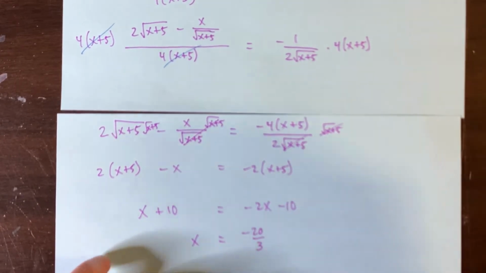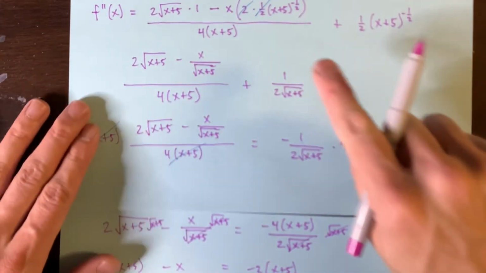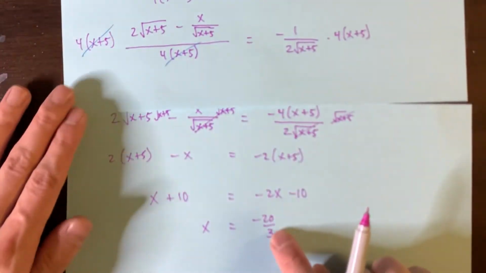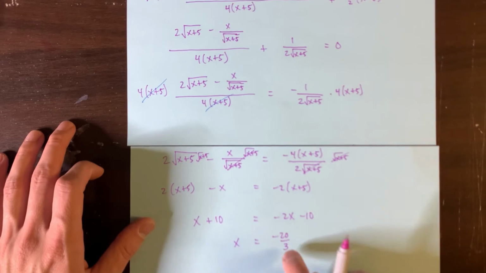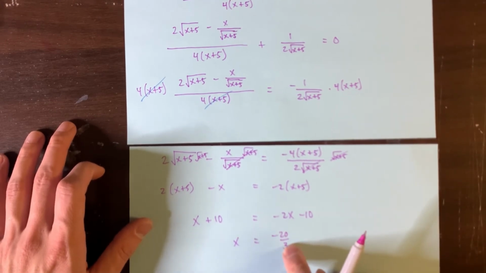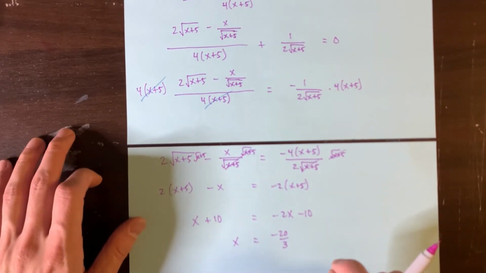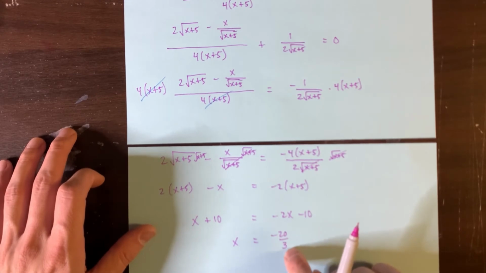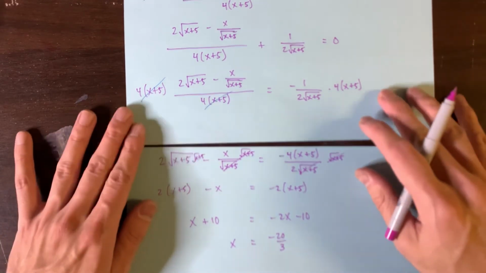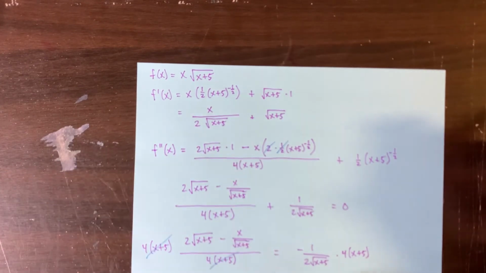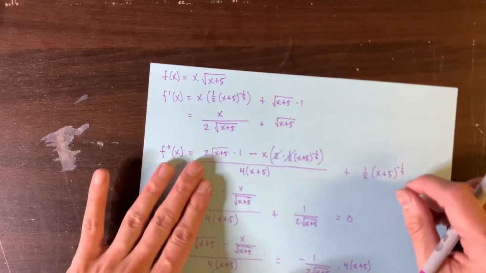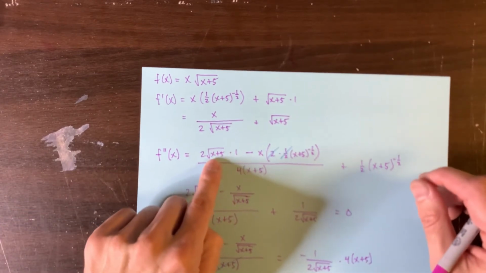Strange, but let's see. So I took the second derivative, set it equal to 0, and this is my solution. You know what? Look, that's bad, and I'll tell you why. Negative 20/3 is not even in the domain of the second derivative, because the second derivative, which can be seen essentially all of here, notice that we cannot square root a negative.